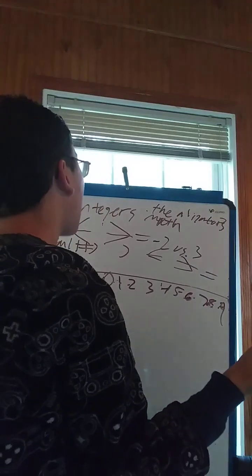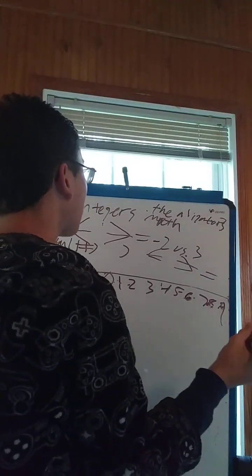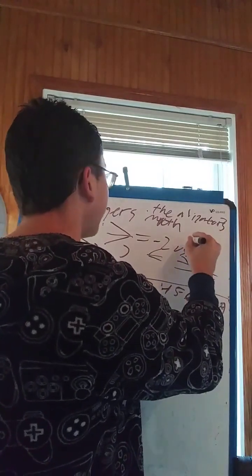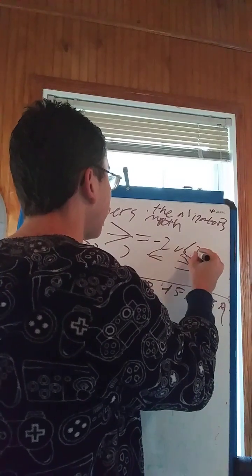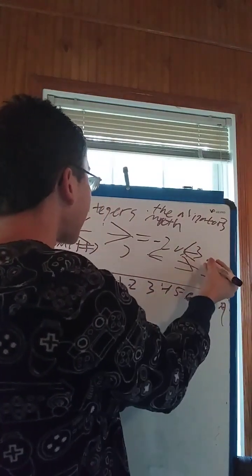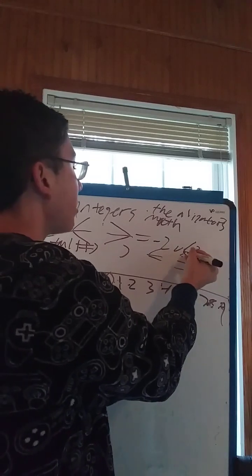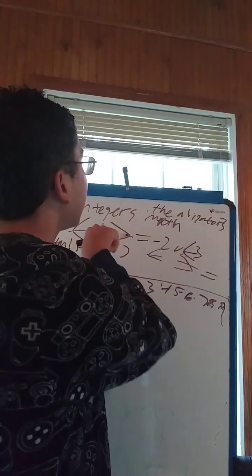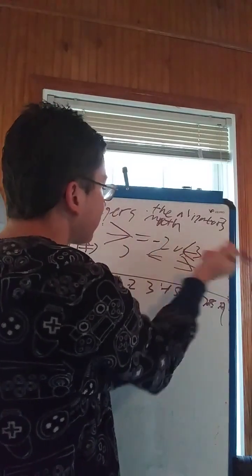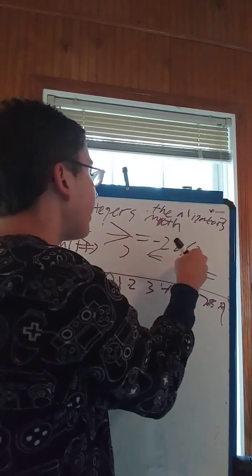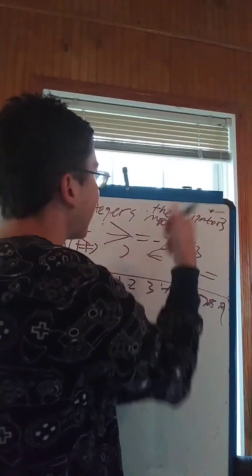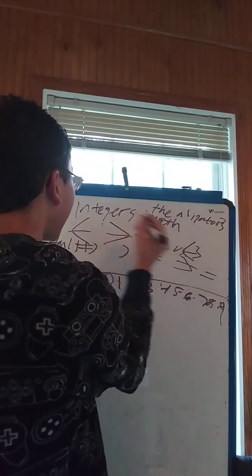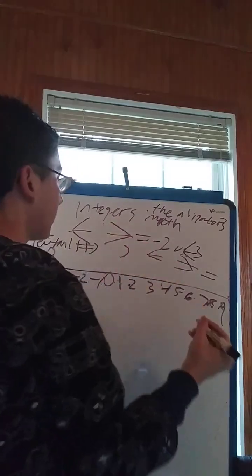So 3 is obviously a bigger number, so we would use this mouth here. So 3 is a greater number than negative 2. You can say that the shape of the mouth is eating in this direction, eating the 3, and I didn't turn it into a negative. So this mouth has to be eating the bigger number.